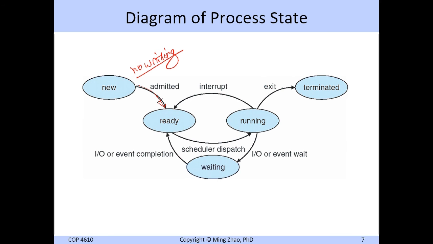And then let's also assume that the process does not have any waiting. Let's assume there's no waiting on I/O or events. Then during the life cycle of this process, the process is either in the ready queue or on the processor. When it is in the ready state, it is in the ready queue. When it is in the running state, it is on the processor.